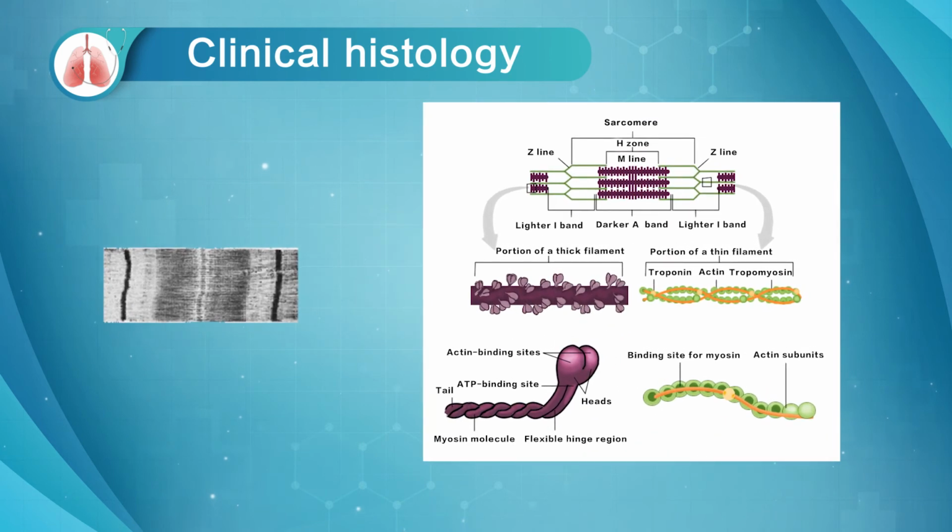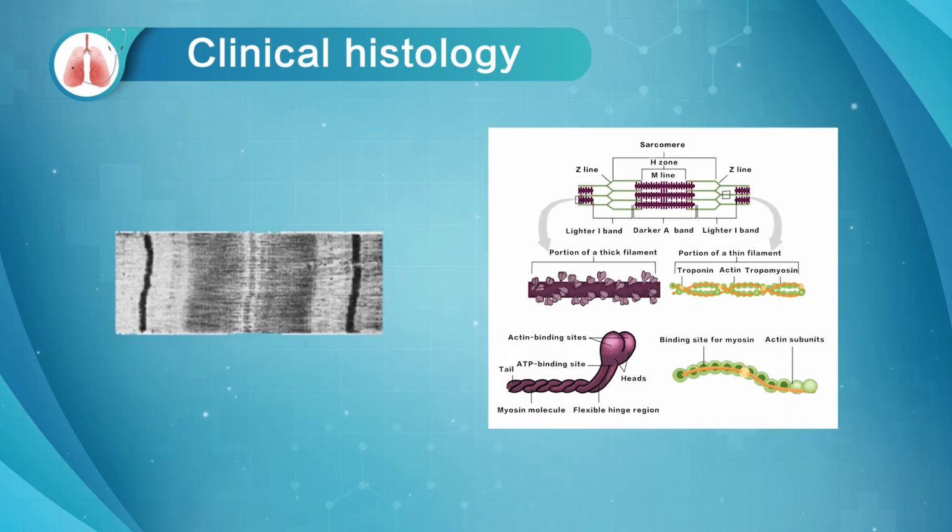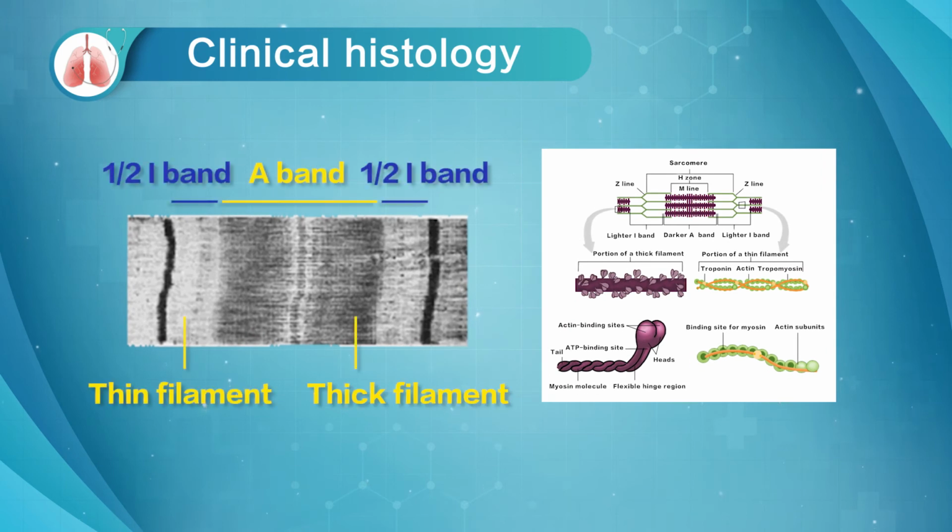One of its ends is anchored at the Z line, and the other extends towards the center of the sarcomere. The thin filaments are composed primarily of actin proteins, which harbor binding sites for the heads of myosin proteins from the thick filaments. The thick filaments occupy the dark or A band in the middle region of the sarcomere.